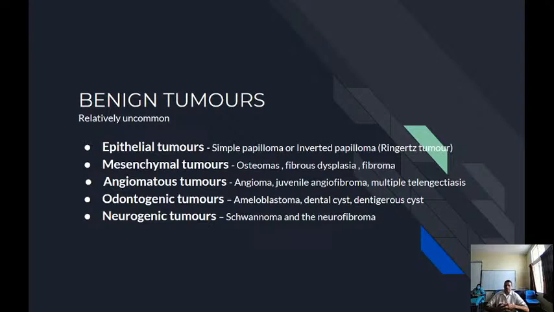These are usually, if they are arising from the bone, they are called the osteomas, and various other fibrous tissue and fibrous dysplasia, the fibromas. And if they are arising from the vascular elements, they are called the angioma and juvenile angiofibroma, as we have studied in the last class.